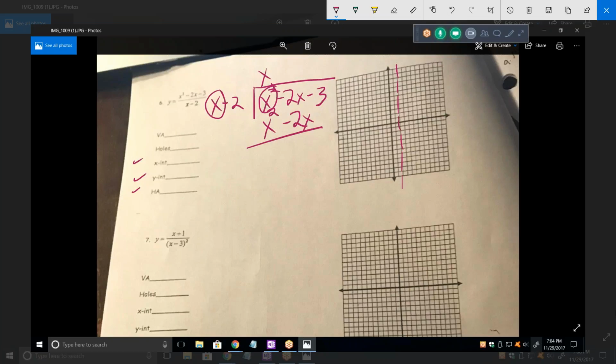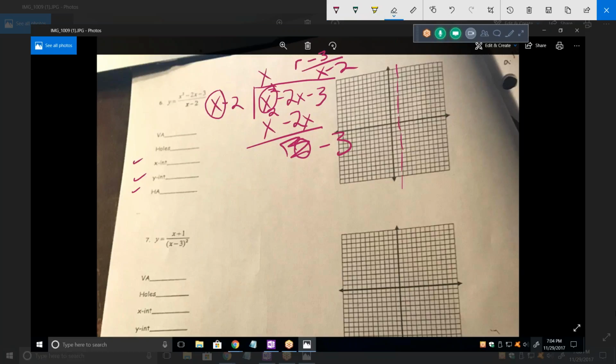Now you subtract, just like long division. Then you bring down, that's the remainder. So it's x with a remainder of minus 3 over x minus 2.